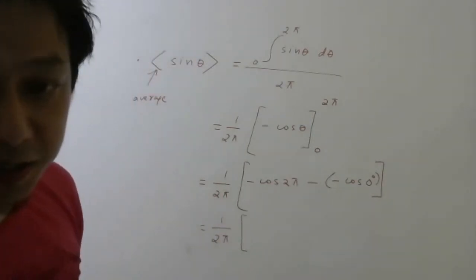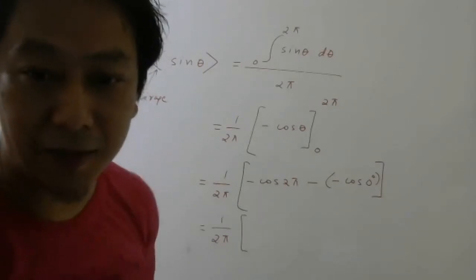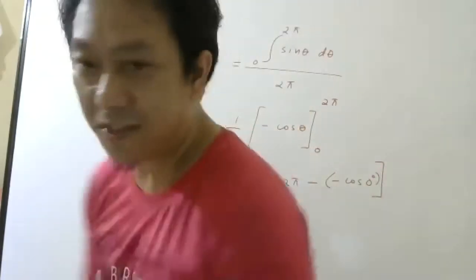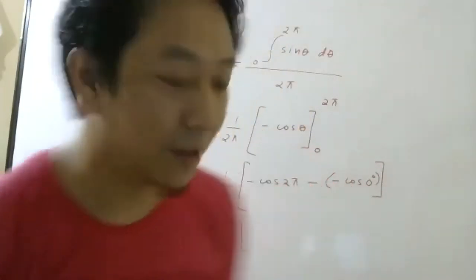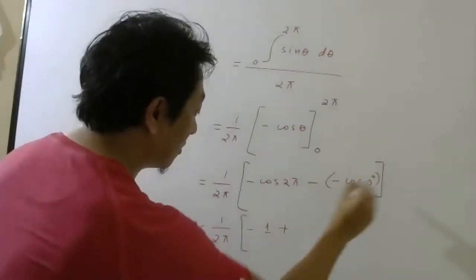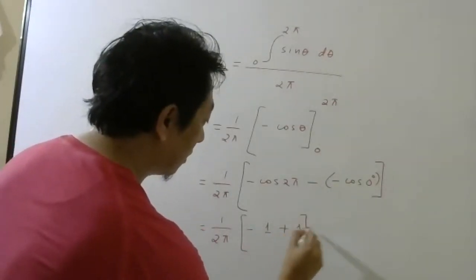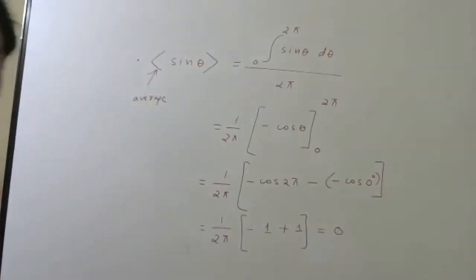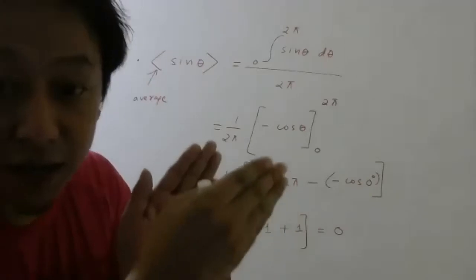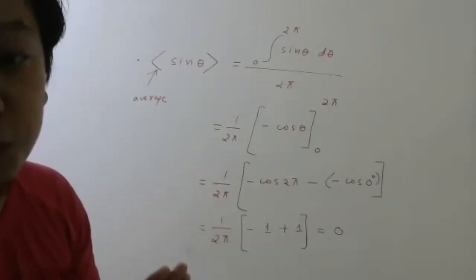Whatever will be the value at 0 degree, same will be the value at 360 degree. So this will be minus 1, minus minus plus, cos 0 is 1. So what is the answer? 0.